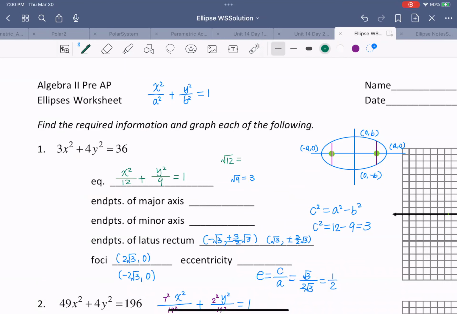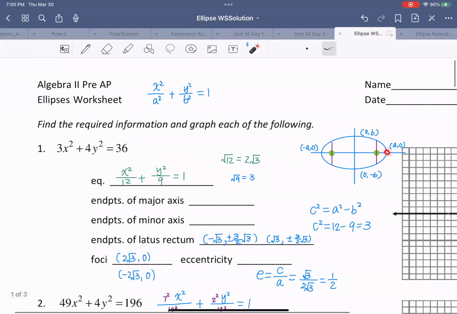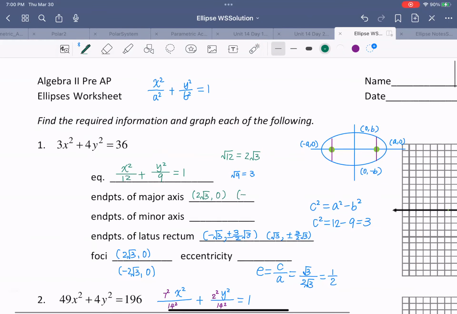Yes. 2 times square root 3. Make sense? Yes. So those points are who and who? 2 square root 3, 0, and negative 2 square root 3, 0. Good.